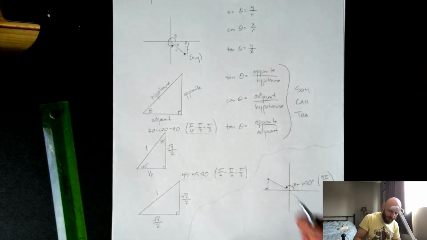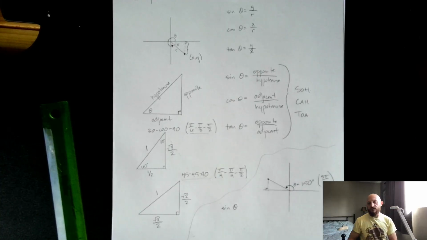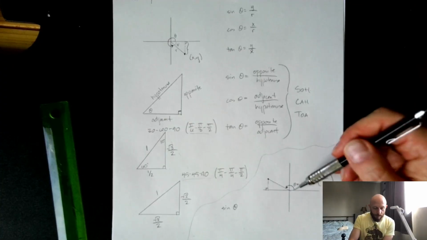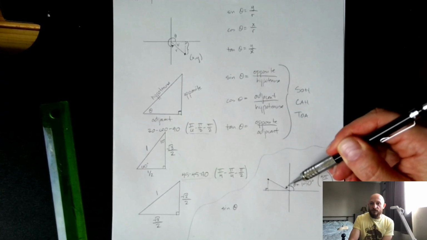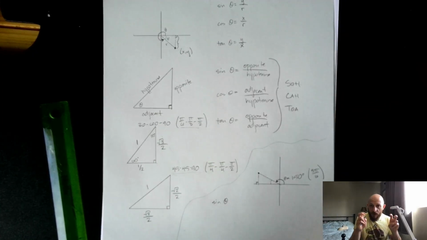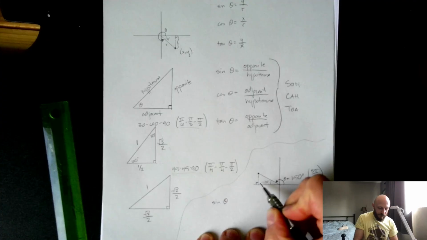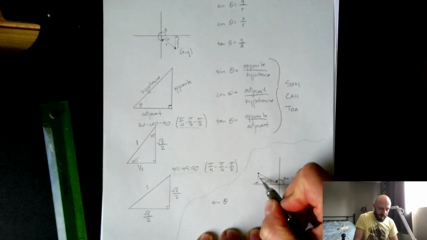So this is just an example over here. What is the sine of theta? In other words, what is the sine of 150 degrees? Well, if this angle right here is 150 degrees, that means that this internal angle in here, your theta prime, must be 30 degrees. And since this is a right triangle, then up here, this must be 60 degrees.